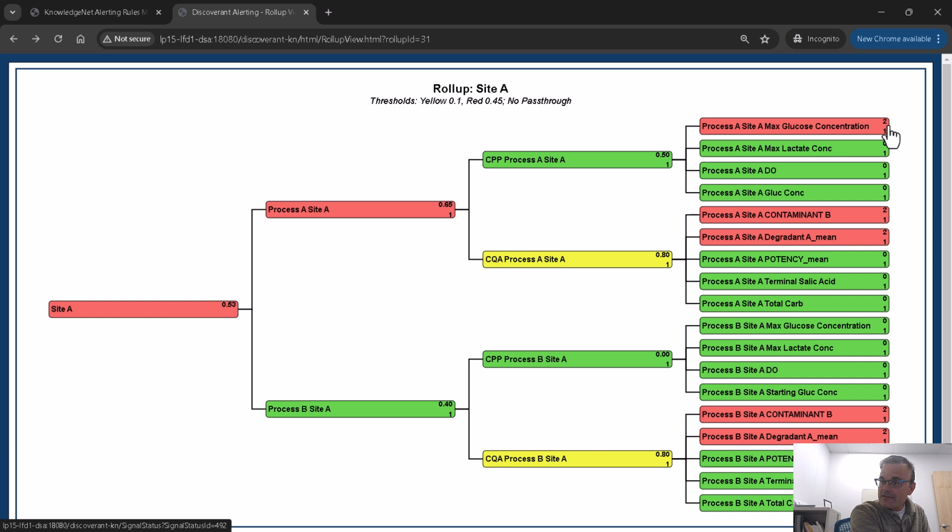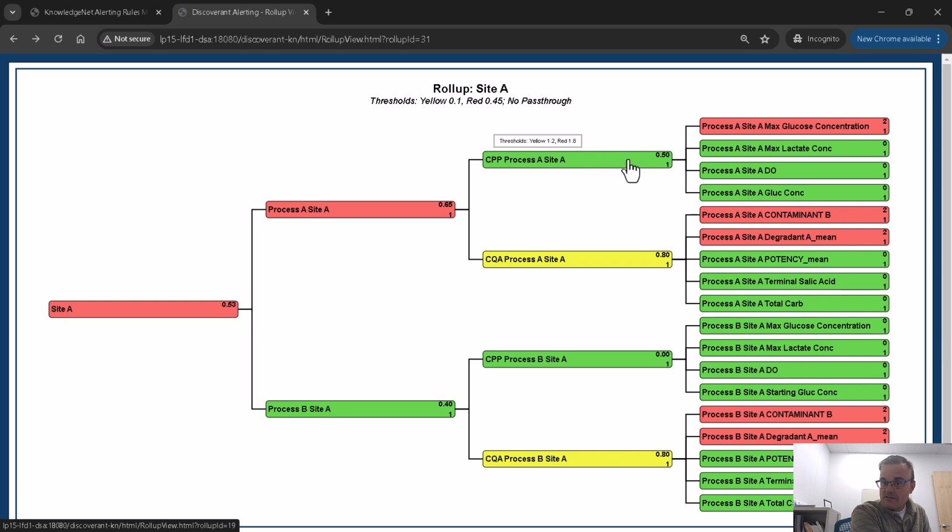So you add those all together. You get 2 plus 0 plus 0 plus 0, which is 2. And you divide by the total number, which in this case is 4. So 2 divided by 4 gives you the 0.5, or the half. Because that threshold is 1.2 to turn yellow, that score is going to be green.